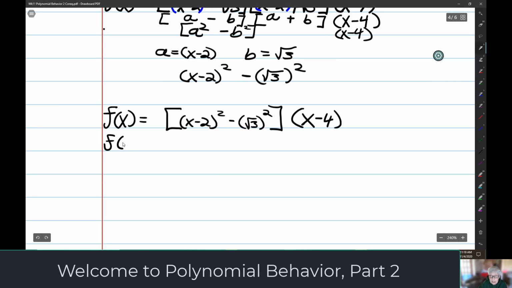F of x is going to equal x minus 2 times x minus 2 minus, now the square root of 3 squared is just 3, times x minus 4, who meanwhile has fallen asleep.